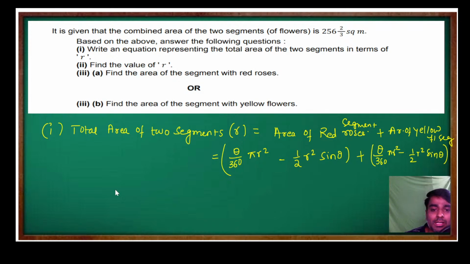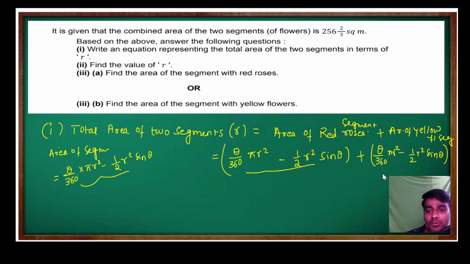This is the formula for the area of a segment. I have written it here for the red rose segment and the yellow segment. This should be equal to the total area. What is the total area given? 256 2 by 3.